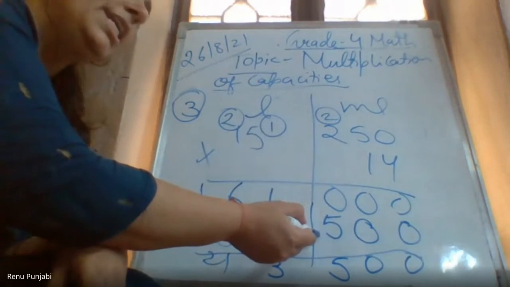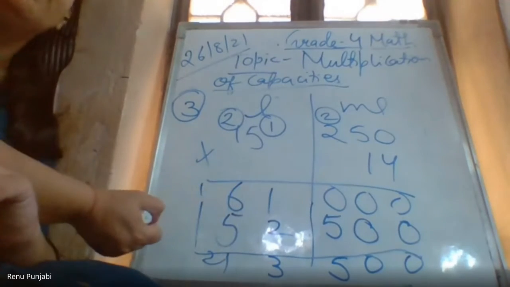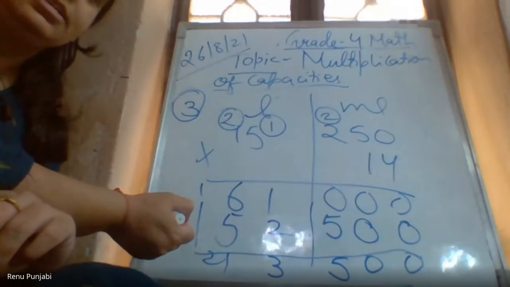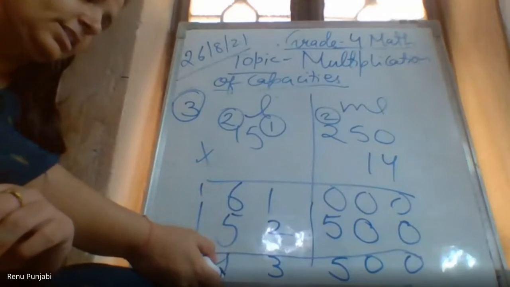Ma'am, because he has two digits. What is it? You only have to put the 3 digits in the ML column, then you move forward. Got it, Vedant? Your answer was wrong. This is the correct answer.